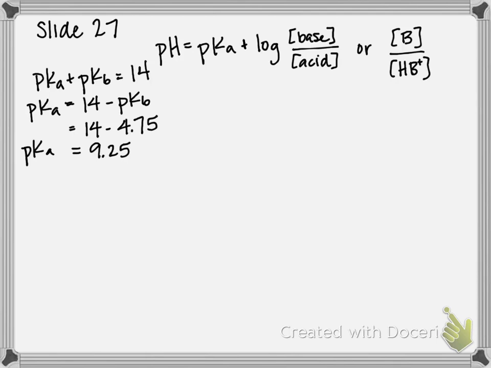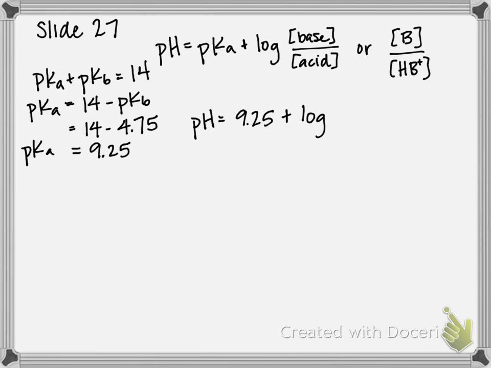So now that I have my pKa, I can substitute it into my Henderson Hasselbalch equation, along with the molarities I'm given in the problem. So pH is equal to pKa, which we just solved for, 9.25, plus log of my base.